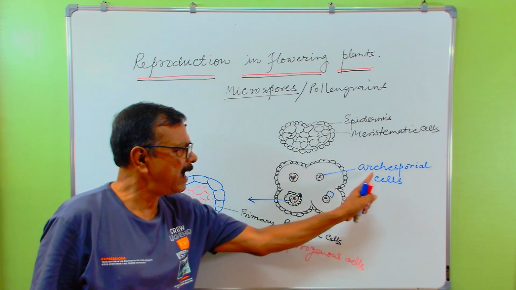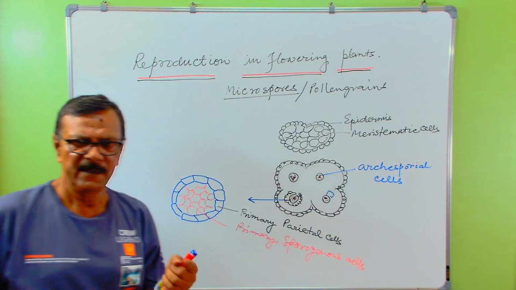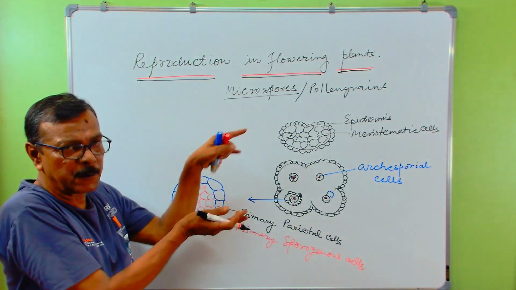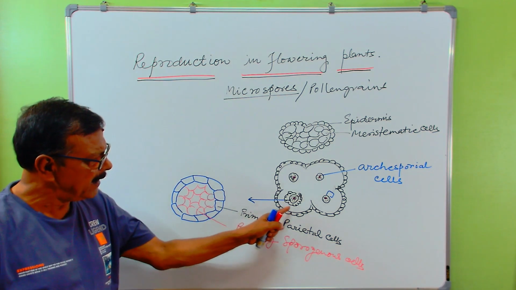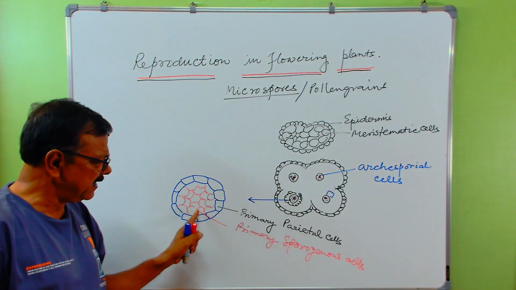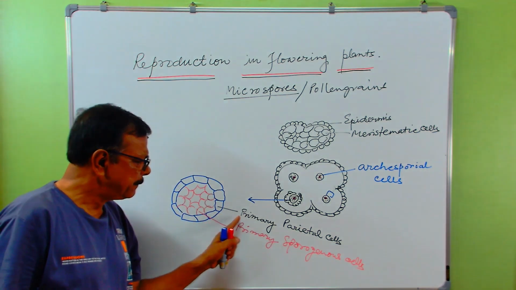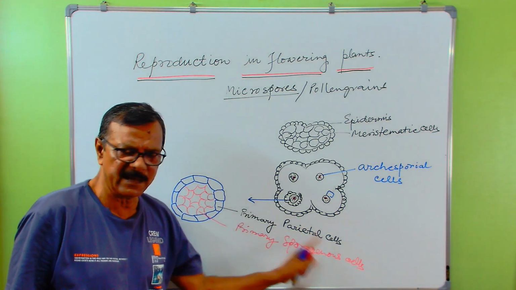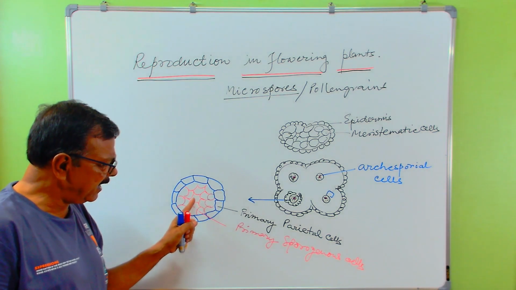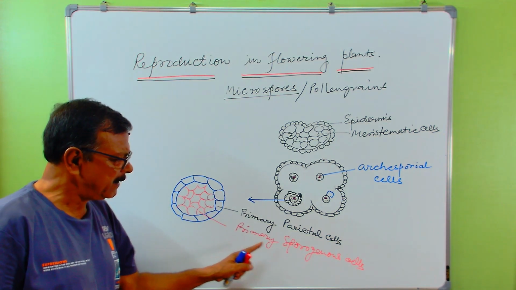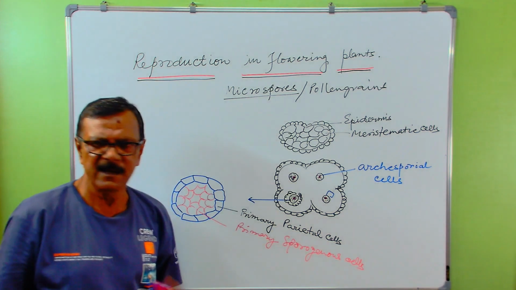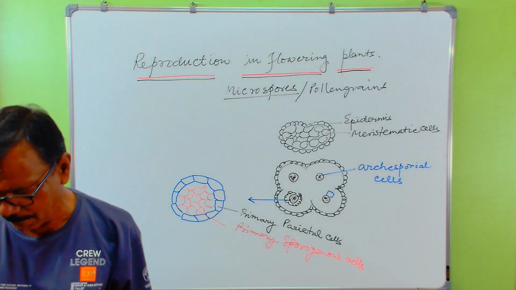These cells are called archisporial cells. Then as the anther grows, the archisporial cells divide and form an outer layer of primary parietal cells and an inner mass of primary sporogenous cells. Clear up to this?